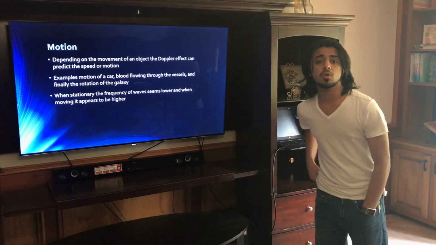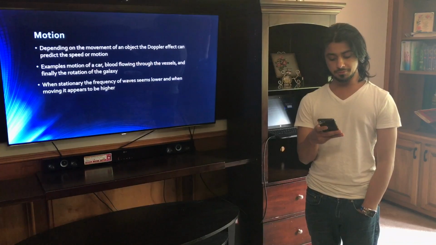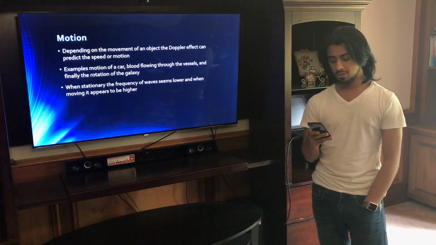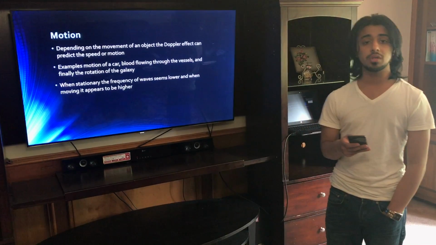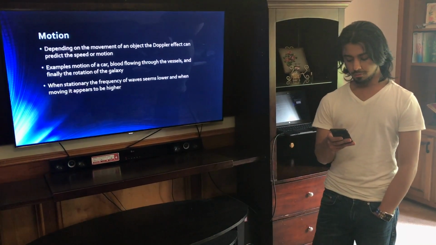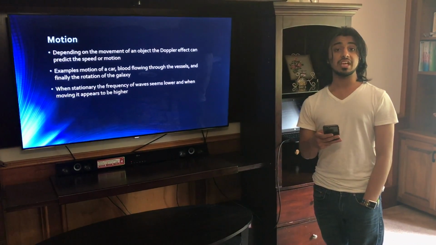And I would like to talk about two brief examples of motion. There are two different situations for the Doppler effect that we will investigate. The first is where the observer is moving. For example, you are moving in a car and passing by a stationary item.